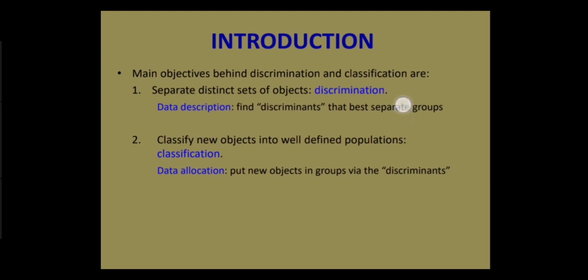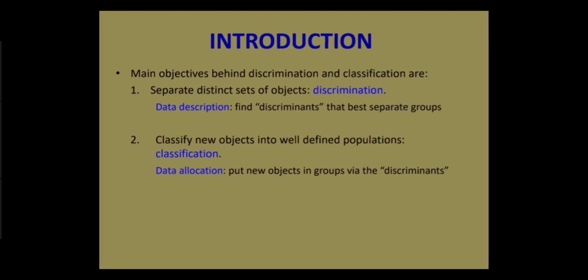Okay, in your textbook on page 575, there is a longer explanation. If you can see, it's saying that in the discrimination part, to describe the features of the objects or observations from several known populations, we try to find the discriminant so that the collections are separated as much as possible.